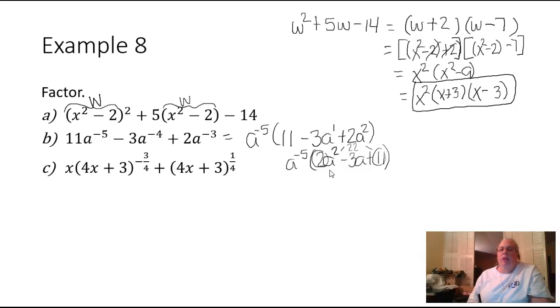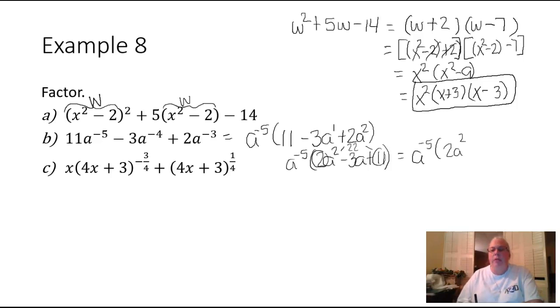So I'm looking for things that will multiply and give me 22 that will also add together and give me negative 3. And there aren't any factors that will multiply and give me 22 that will also give me positive 11. So it looks like our answer here is going to be a to the negative 5 times 2a squared minus 3a plus 11.